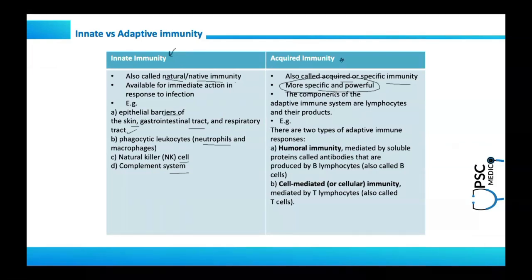Okay, so there are two types of adaptive immune responses whenever you come in contact with an antigen. That is the humoral immunity, which is mediated by the antibodies produced by B lymphocytes, and also the cell mediated or cellular immunity, which is mediated by the T lymphocytes, also called T cells. So these are the two classic examples for acquired immunity.